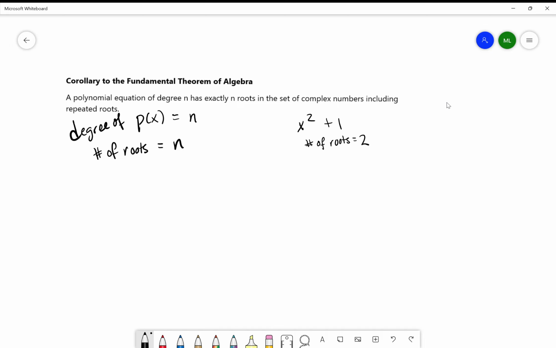And as long as, again, it's in the set of complex numbers, and complex numbers include the reals, because a real is a plus 0i, and also include the imaginary plus the real part. So again, it's the complex numbers.